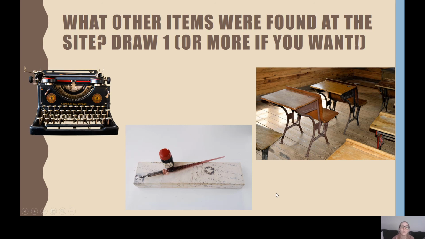So I want you to pick one to draw. You can do more if you want, of course. I will absolutely not stop you from going above and beyond and being an excellent overachiever, but you only have to do one.